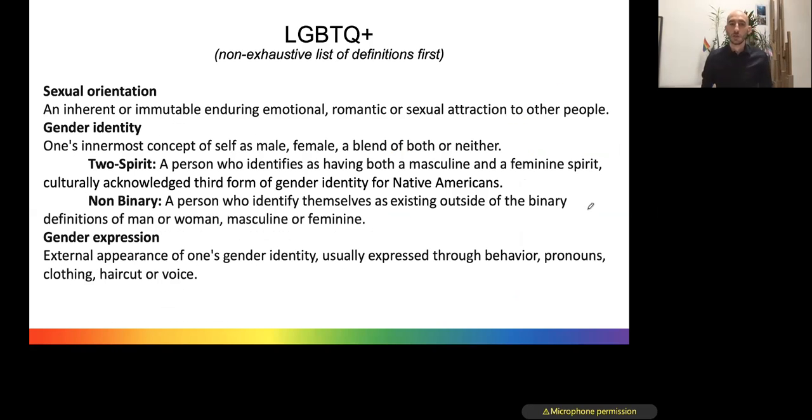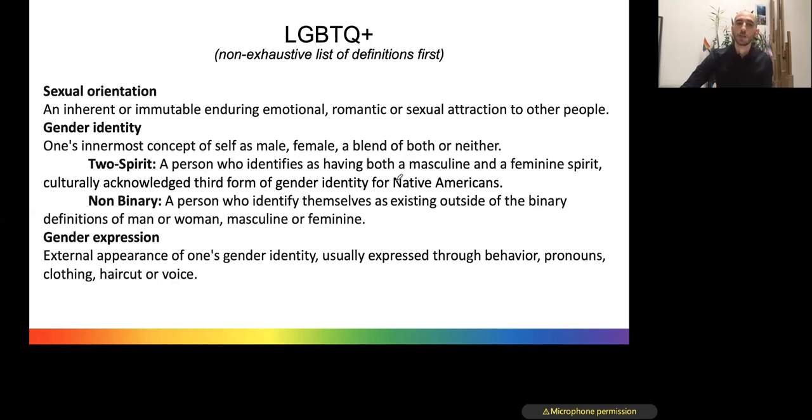But what is gender identity or gender expression? Gender identity is the concept a person has of themselves, that can be male, female, a blend of both or neither of them. And when we talk about a two-spirit or non-binary person, we're talking about gender identity. And this is not a common or a recent definition, because a two-spirit person is a well-known, acknowledged third gender form for Native Americans.